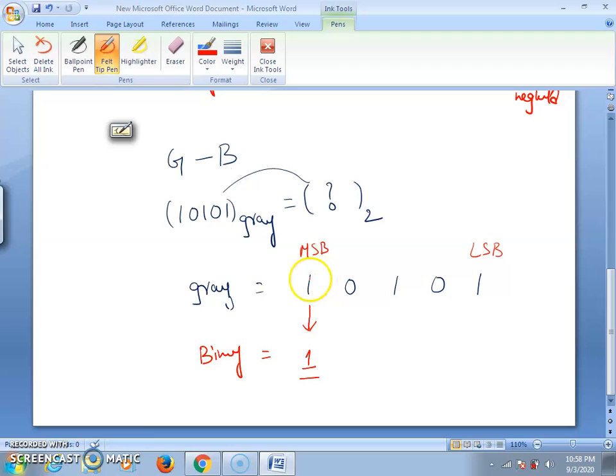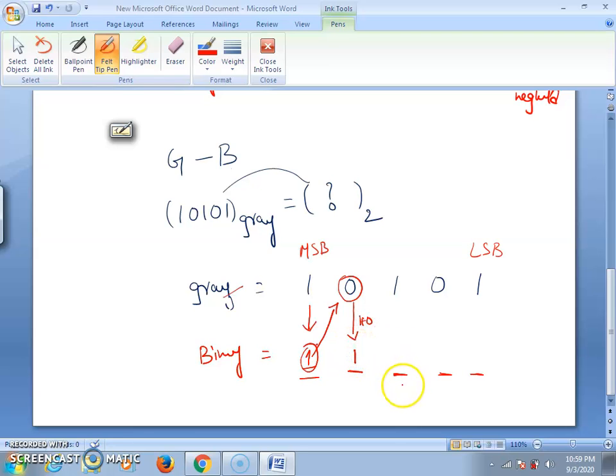So the MSB of gray code is copied as it is in binary. For the next digit positions, I add the MSB of binary to the next lower significant bit of gray code. That means I add this 1 and 0 together. 1 plus 0 is equal to 1.